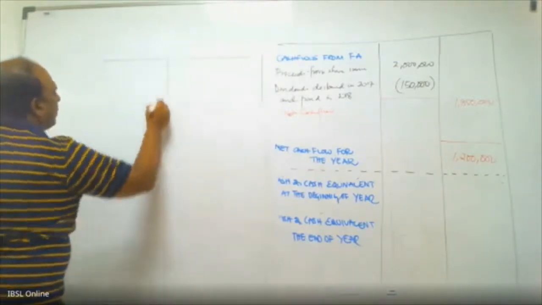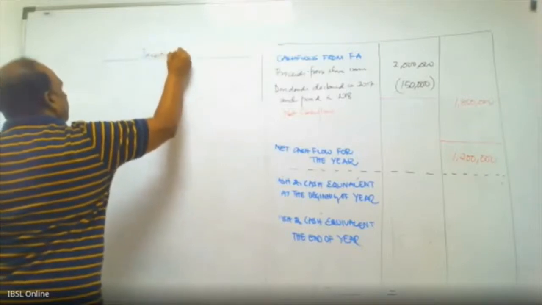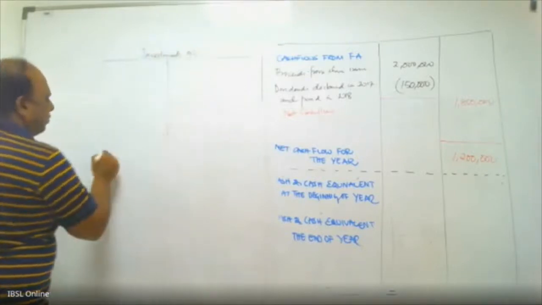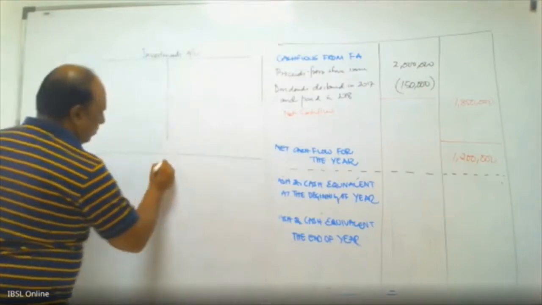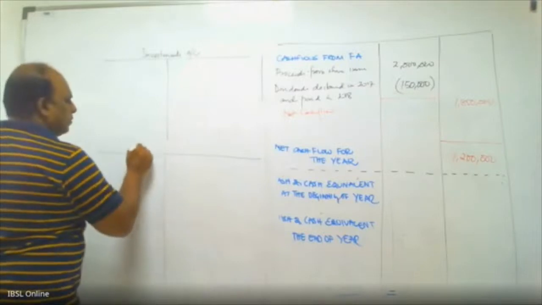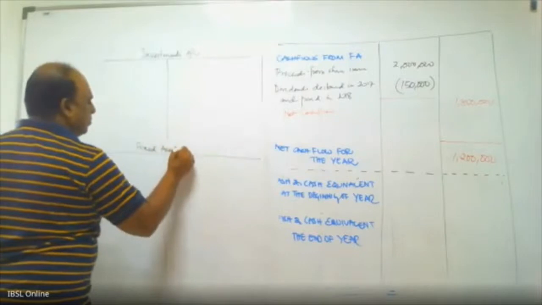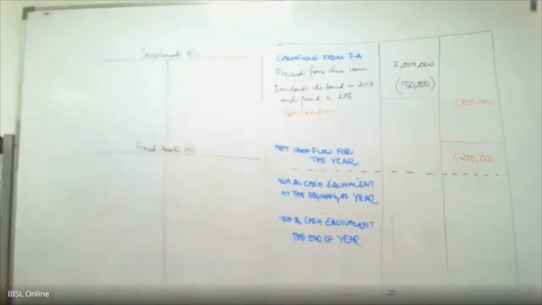They want you to write up the investments account, and also the property, plant or fixed assets account. Right. Now, based on the information given to you in the question, you tell me how can we draw up the two accounts.